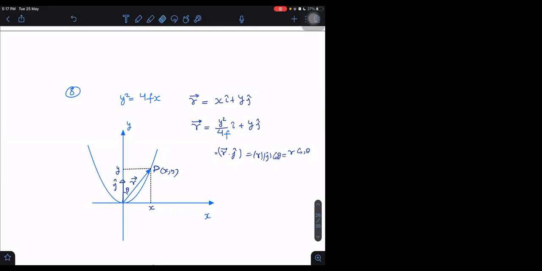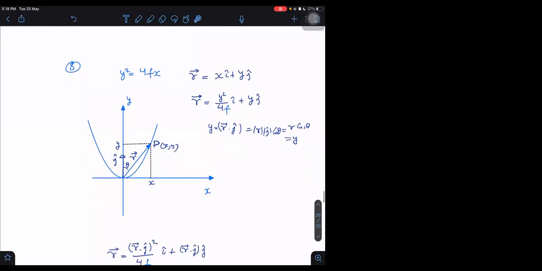First you start with r dot j, then go to r cos theta, and then write r cos theta as, at last, y. So first you understand this is this and this is that, and that is equal to y. Okay, I hope you have understood this.